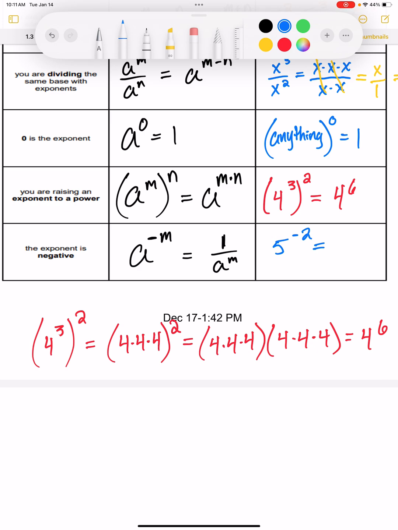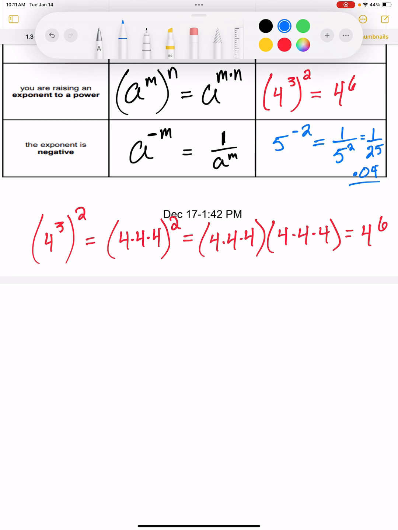But no, that is not correct. You put it in your calculator and you'll see that it's 0.04, right? And how is that? Well, because it becomes 1 over 5 squared, which is 1 over 25, which is what your calculator tells you, 0.04.